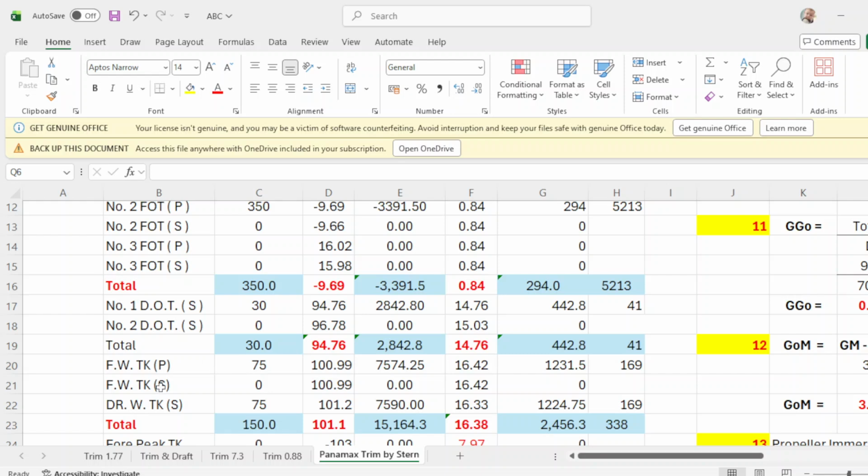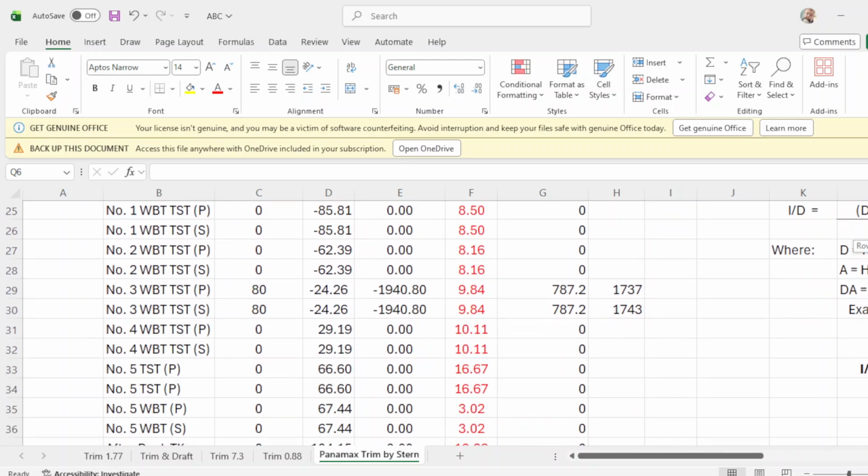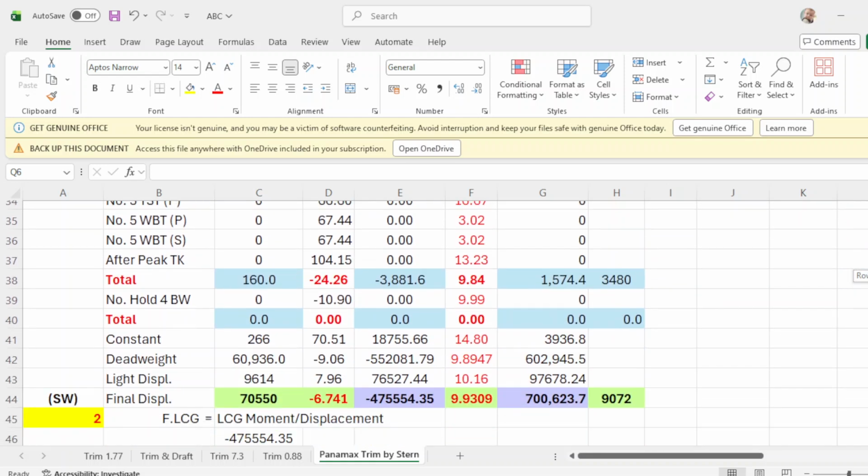And you also have the fresh water with a free surface on port side only, and your drinking water on starboard. Your ballast in number 3 also has a free surface. And the total free surface moment is 9072. I hope that's clear.